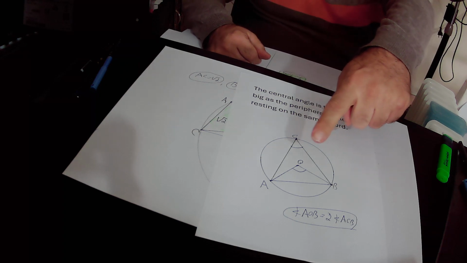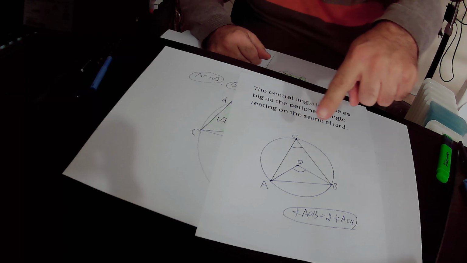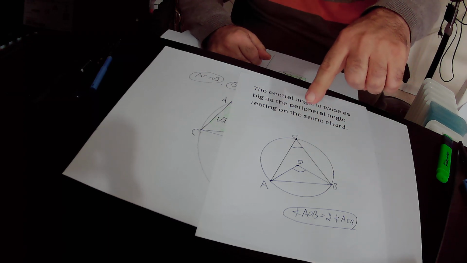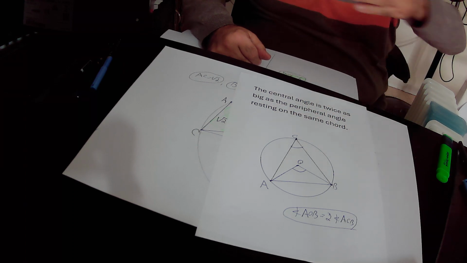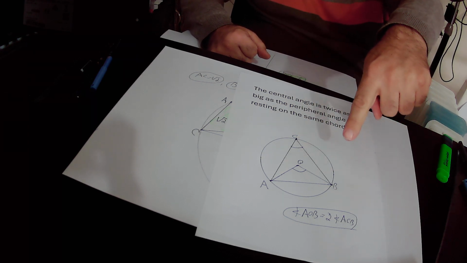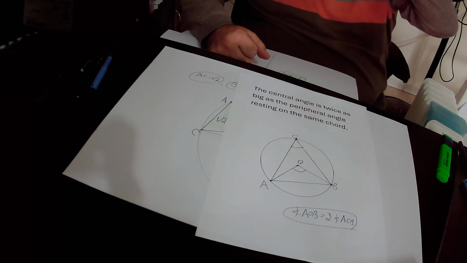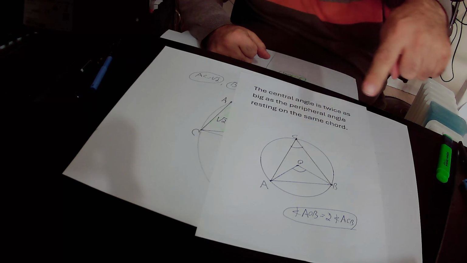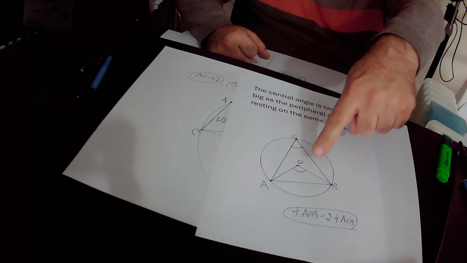The central angle AOB rests on chord AB, and the peripheral angle ACB rests on the same chord AB. Therefore, the central angle AOB must be twice as big as the peripheral angle ACB, or angle AOB equals 2 times angle ACB. Okay?